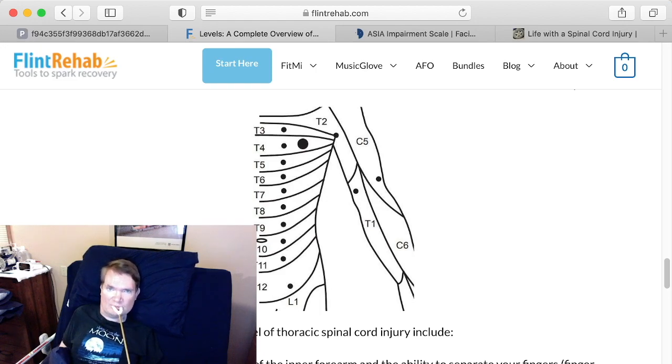Someone with an incomplete injury does have some ability below their point of injury. Now, there are various rules defining what can be said as complete or incomplete.